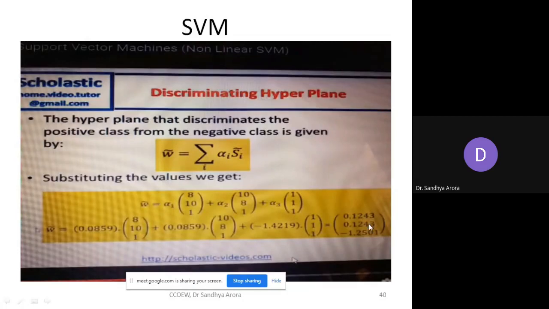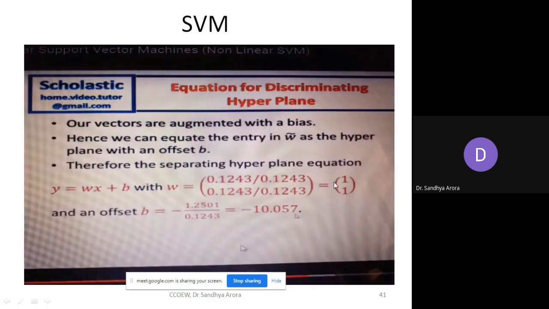These 2 will be 1 here and this value will also be divided by 0.1243. So the W value will be 1, 1. If I divide by 0.1243, you will get 1, 1 here, and the B value will be minus 0.12501 divided by 0.1243, which will give you minus 10.57.